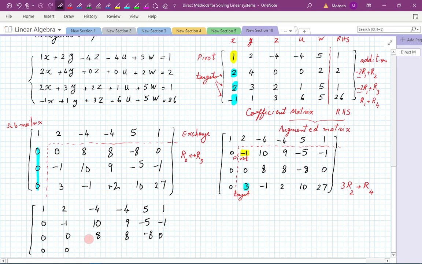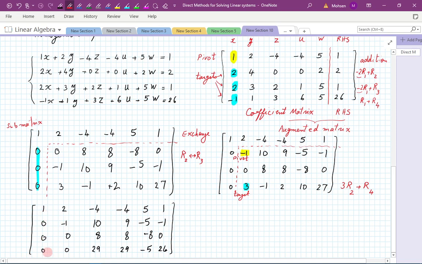That's what we want. 3 times 10 and minus 1, so here's a not so nice looking number, 3, 29 again. 3 times this is going to be minus 15, so minus 5, and this is going to be 24.